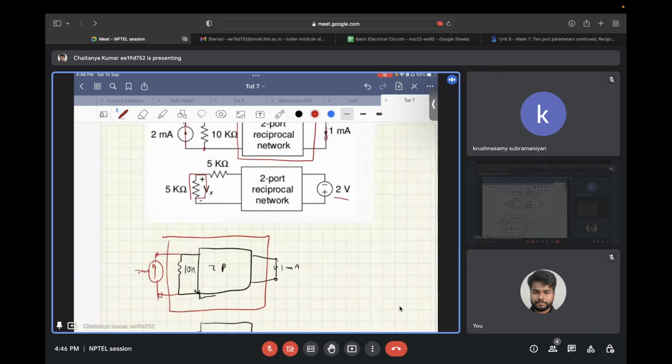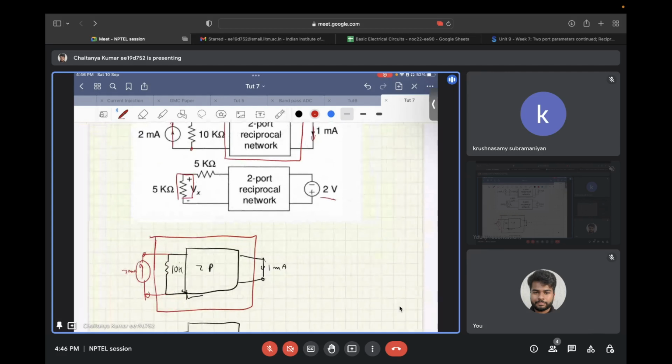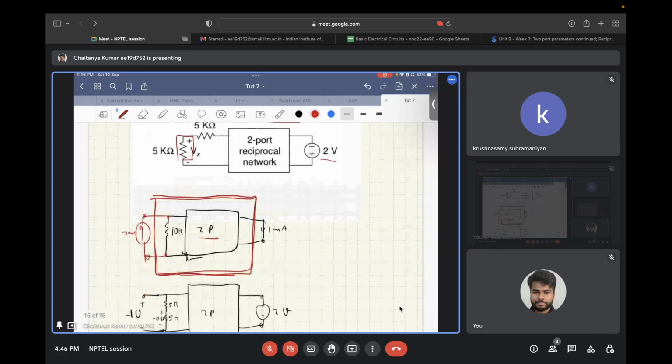So you can consider this complete thing as a single two-port network, a two-port network with a resistance in parallel to it in one port, and then apply reciprocity, because you are adding a passive element to an already reciprocal two-port network. So the reciprocity will still hold.